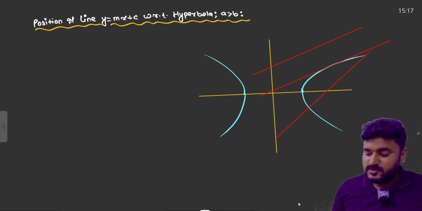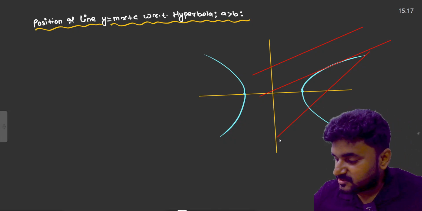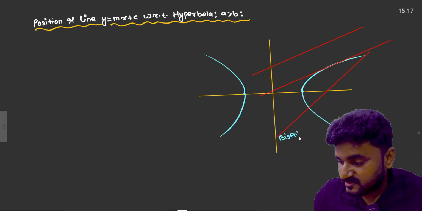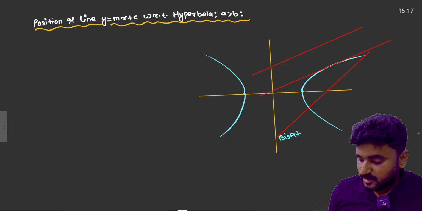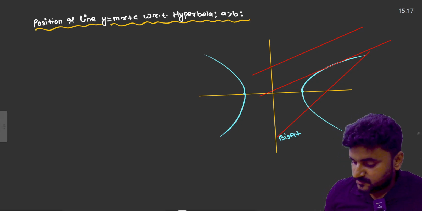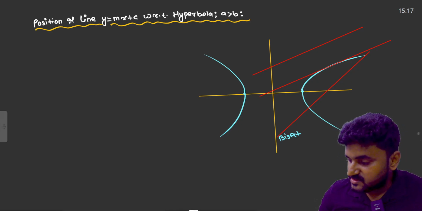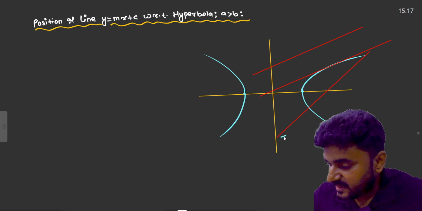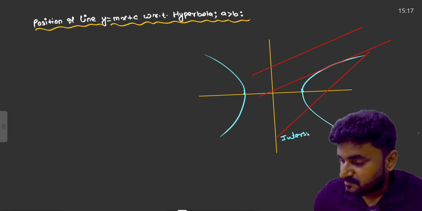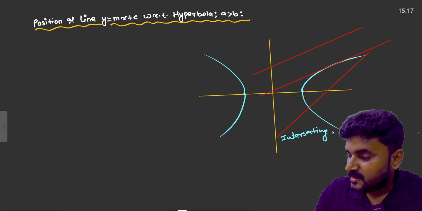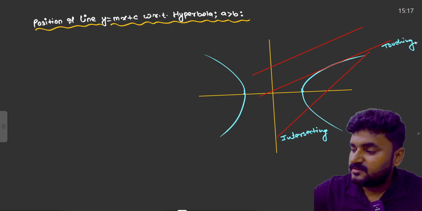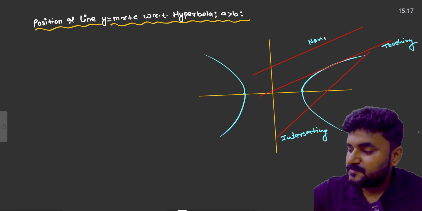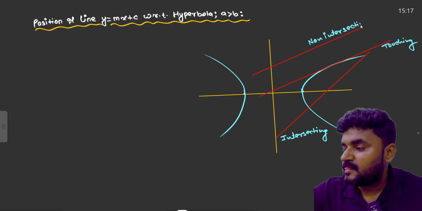So there are three situations: the line may be intersecting, meaning secant, the line may be touching, or the line may be non-intersecting, non-touching.